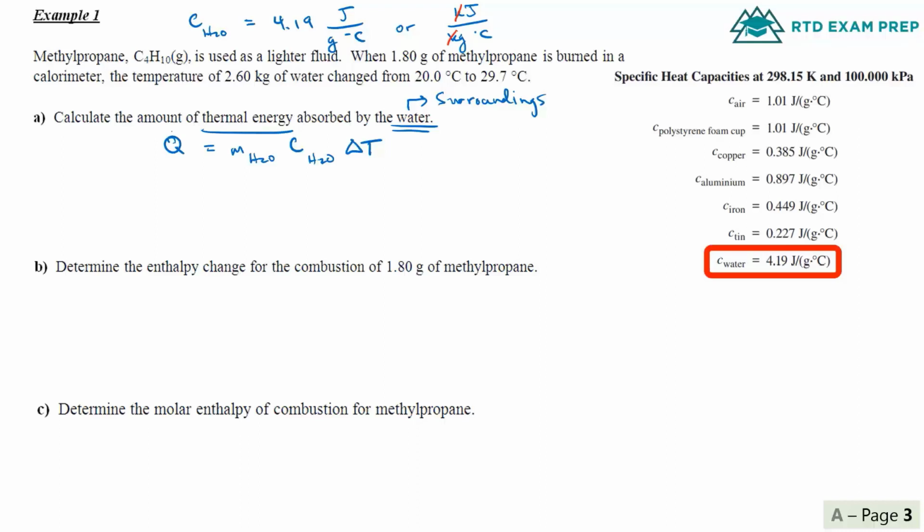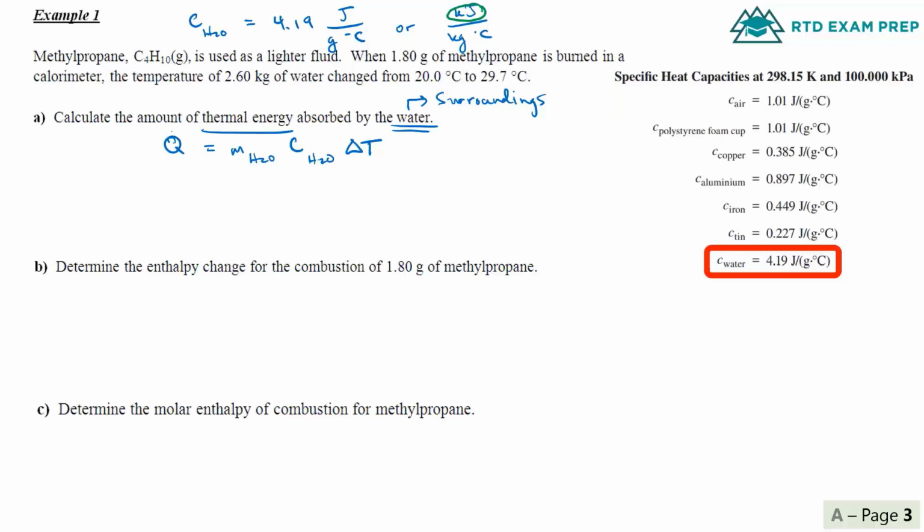But in fact, I want to use these particular units, and there's a reason why. What we're going to end up with is a Q value that will be measured in kilojoules. And remember how I talked about the units of molar enthalpy changes in kilojoules per mole.